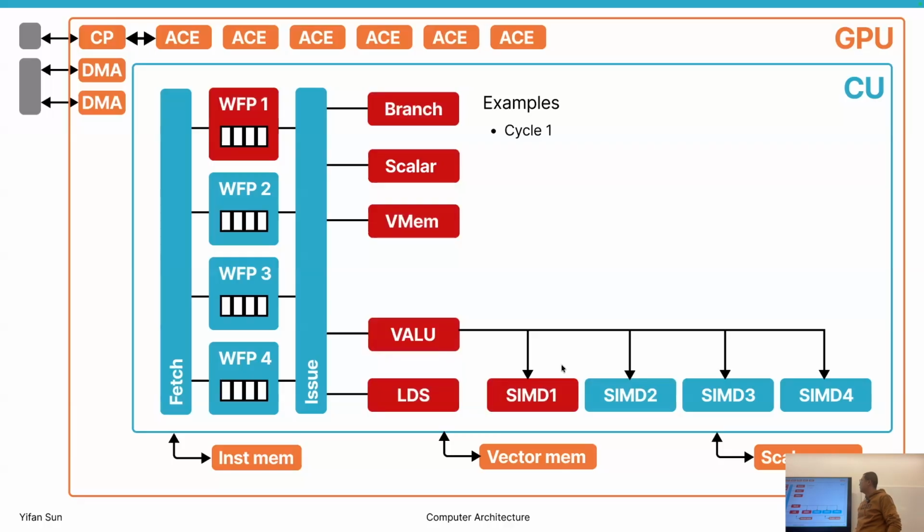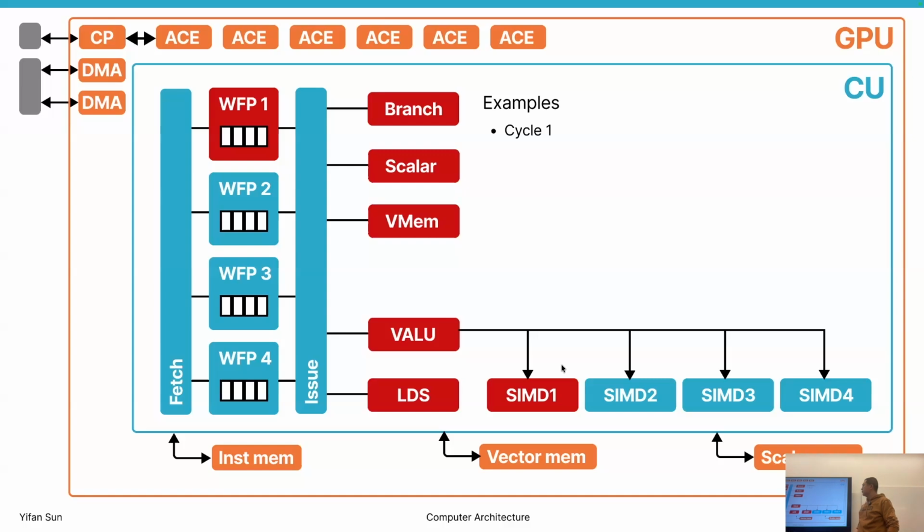Just consider this. In cycle 1, we issue from wavefront pool 1. Where can we issue to? We can issue to branch, scalar, vector memory, VALU, LDS, and SIMD1. I'm just simplifying this. It takes 1 cycle to go here and then 1 cycle to go here. You can consider this basically a decode stage.